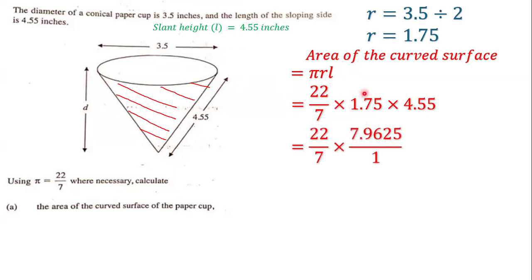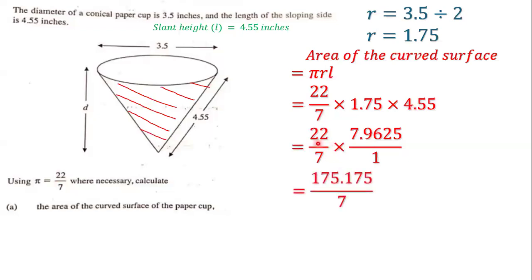Okay, well, 1.75 multiplied by 4.55. When we multiply those two, we get 4.9625, which we put over 1. And we still have the 22/7.